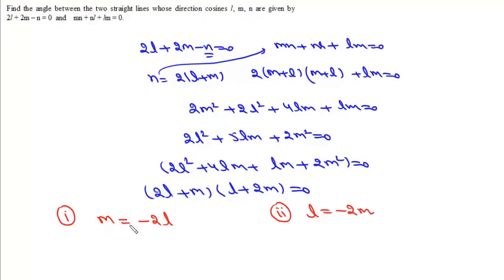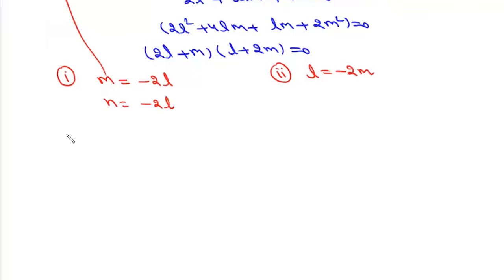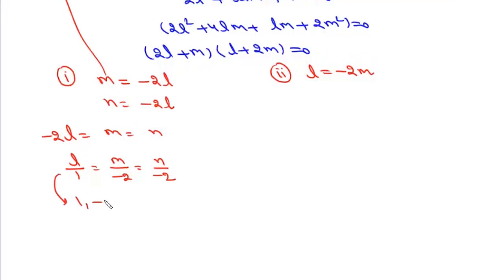Now if m is equal to minus 2l and we put the value of m here, we'll get n equals minus 2l. So from here we can write l upon 1 is equal to m upon minus 2 and n upon minus 2. So the direction ratio of this one line is 1, minus 2, minus 2.